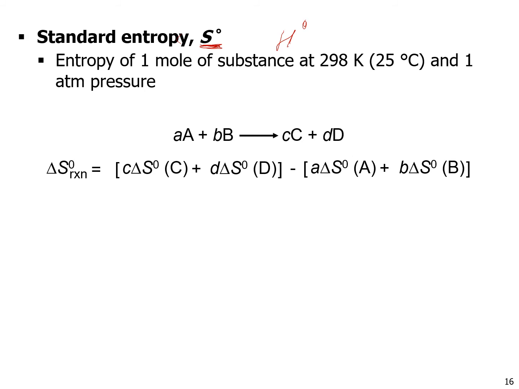If the reaction is aA plus bB gives cC plus dD, these small a, b, c, and d are the stoichiometric coefficients, and capital A, B, C, and D are our reactants and products.